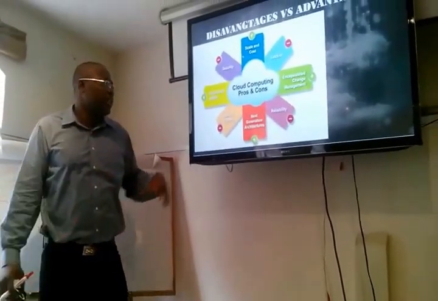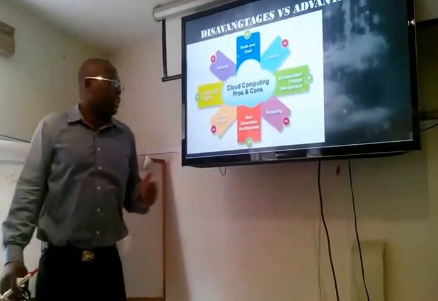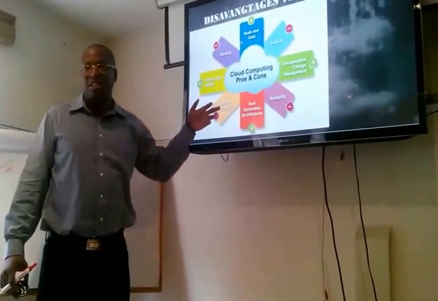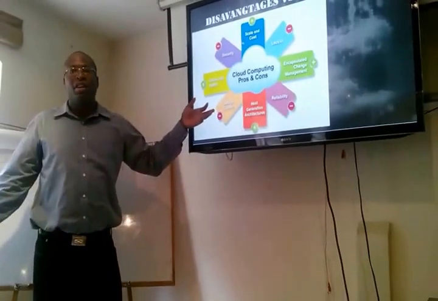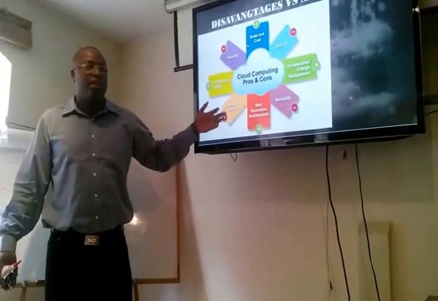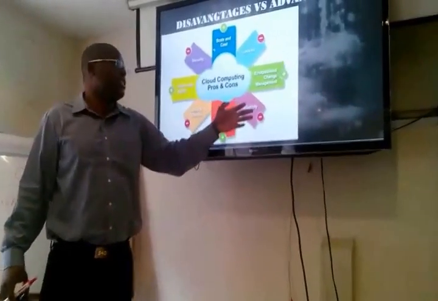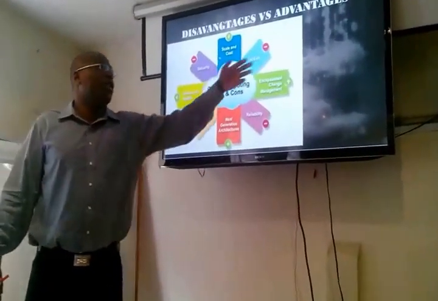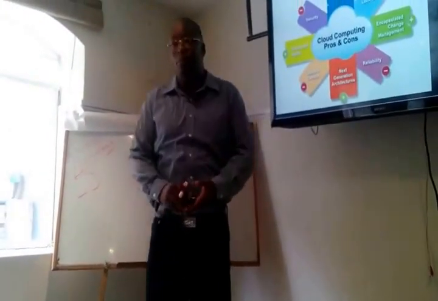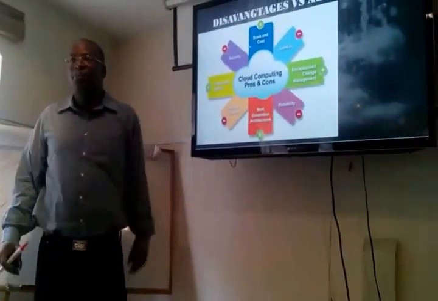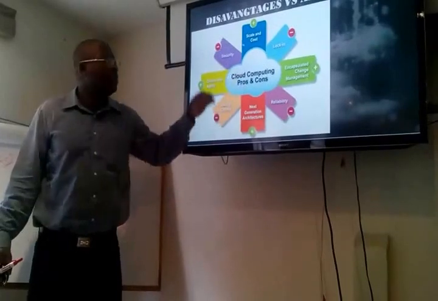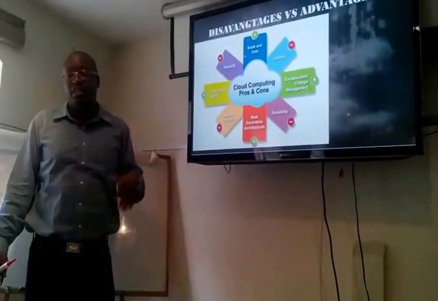This is the next generation architecture. And the cons are lack of control. This is really critical for an organization like ICRC, because you don't have any control over the system or the data. Reliability, because it's on the internet, anything can happen. You are locked in, as I said, the format that they use might be proprietary, and also security. So this is a wrap up of advantages and disadvantages.